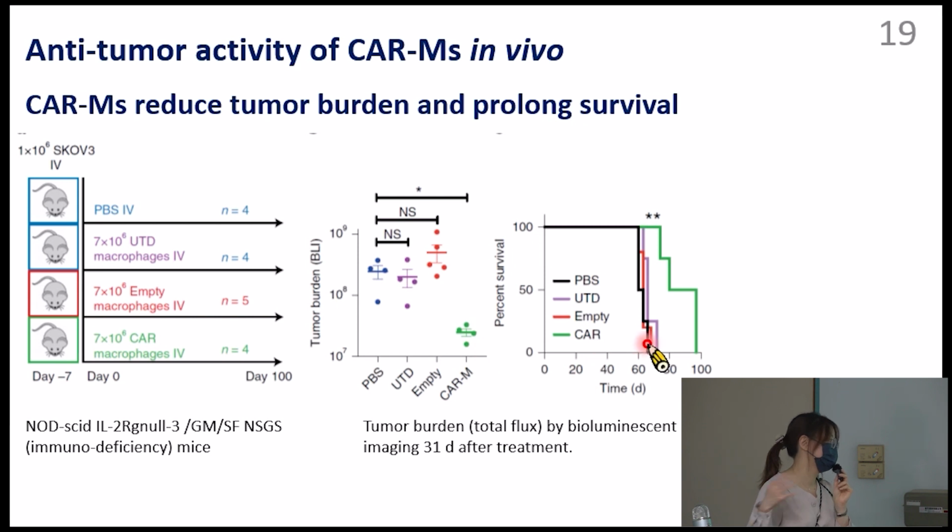And when they sacrificed and analyzed these mice, they found that if the mice were co-administered with CAR macrophage, the tumor burden obviously decreased. So it means the CAR macrophage can be used to eliminate tumor cells, especially solid tumors, because this tumor cell is an ovarian tumor.